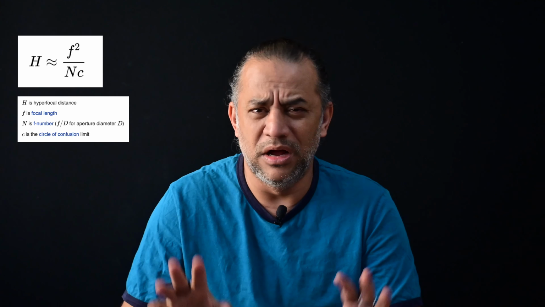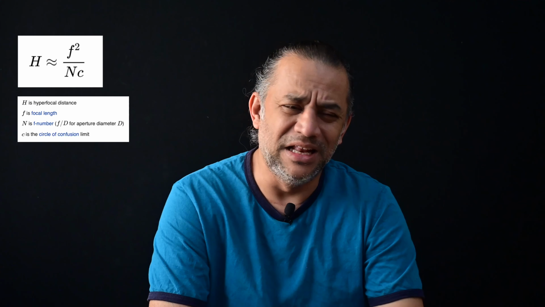So how to avoid diffraction? Shoot at f11 and use that rule. What is that rule called? Hyperfocal distance. Yeah, it's a long math, and I don't want you to go into that. You can Google hyperfocal distance, but basically it defines that you put the focus point about 1/3 of the way into the scene and the rest will come into focus.